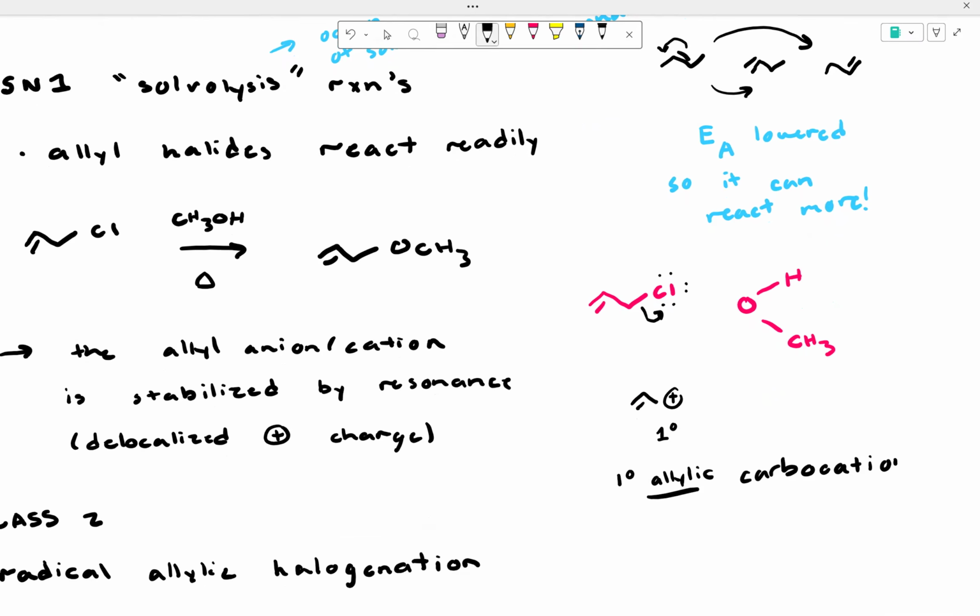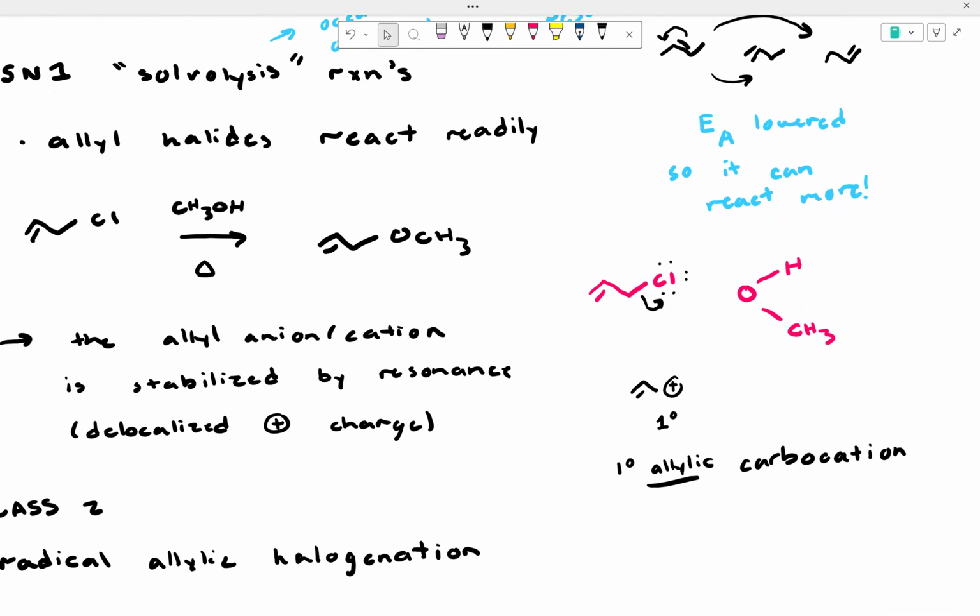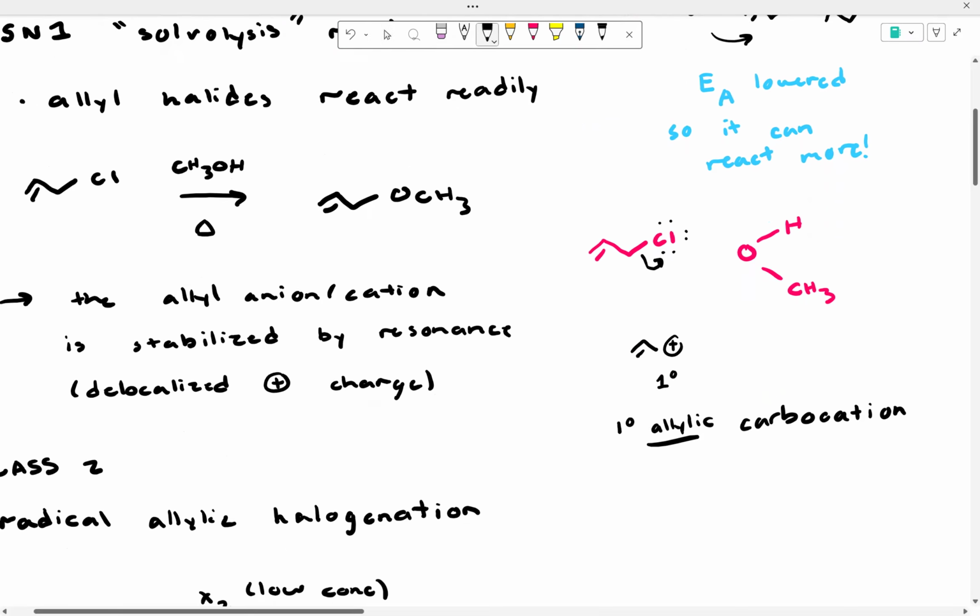And as we've discussed before, allylic molecules can form resonance structures. So this molecule actually exists as this as well in time and space. So it's acceptable for us to have an allylic compound.